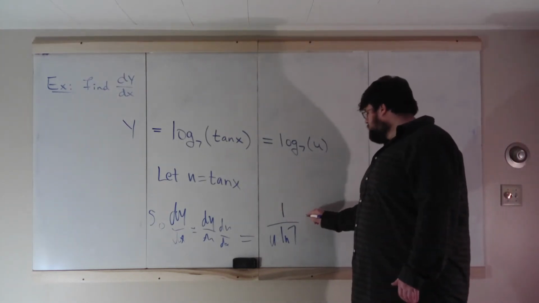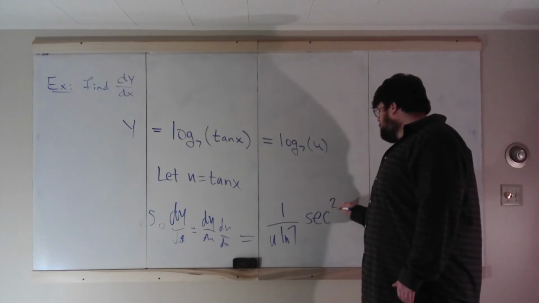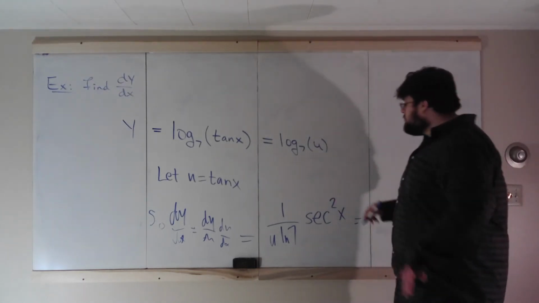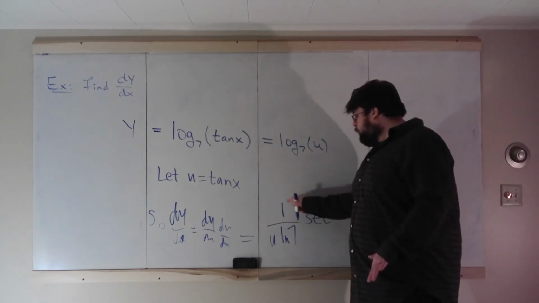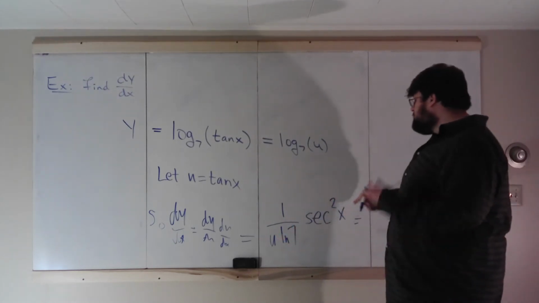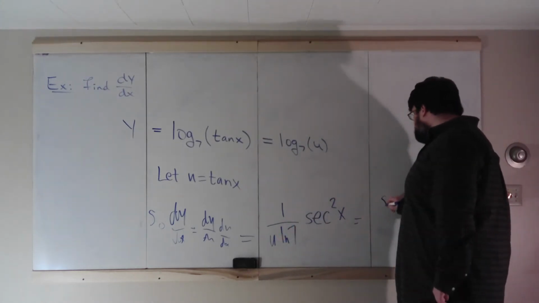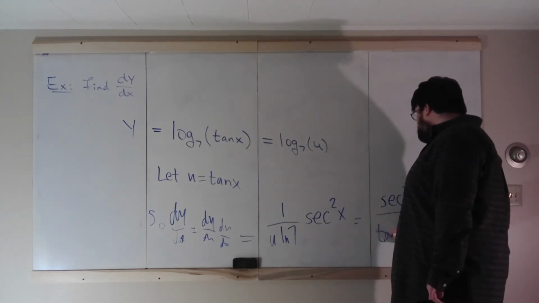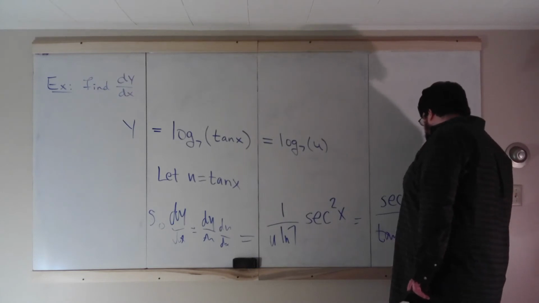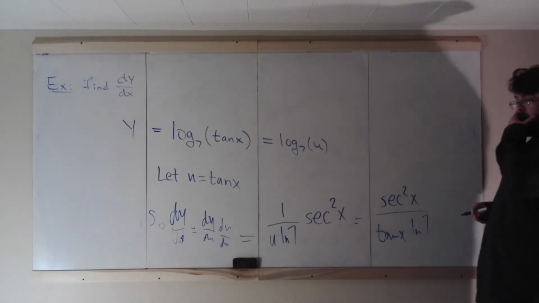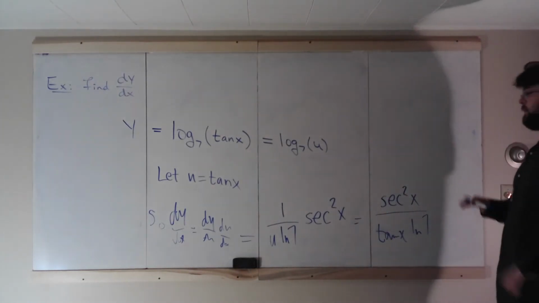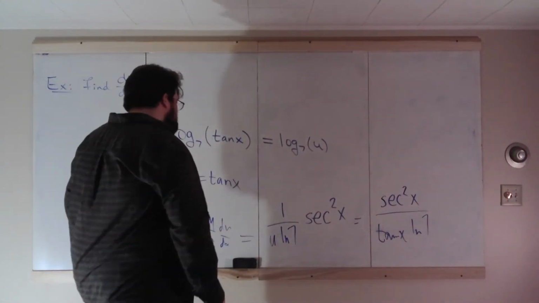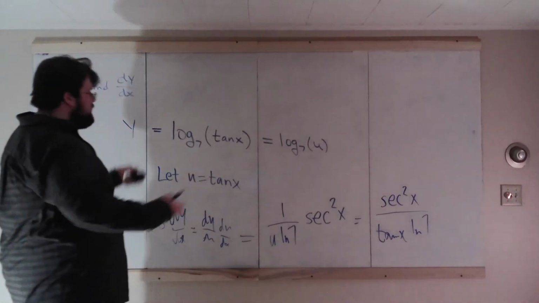What's the derivative of tangent? Secant squared of x. And you could leave this as 1 over tangent x log 7 times secant squared of x. I'm just going to write it as one fraction. So secant squared of x over tangent x log 7. And this one actually does simplify a little, but don't worry about that. Does it? Yeah, because they're both divided by cosine. You can just leave it like that.